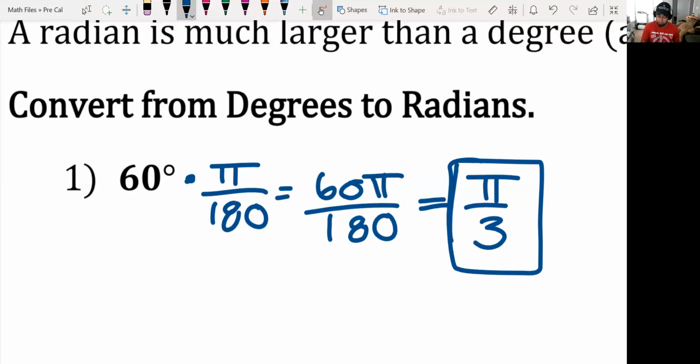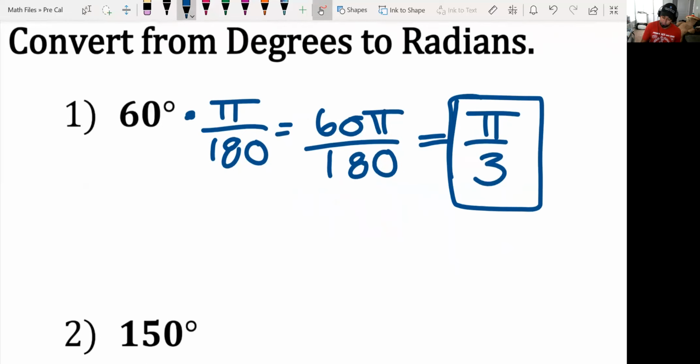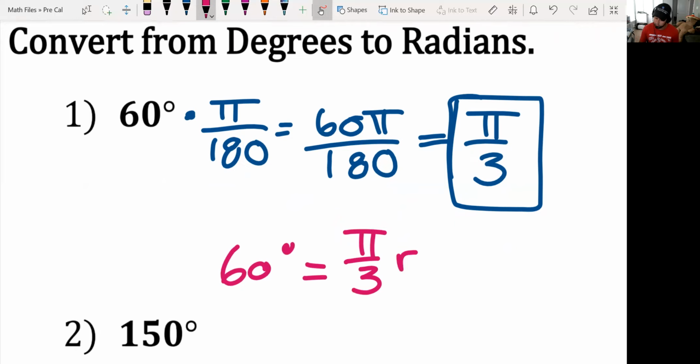So what we can say from this statement is that 60 degrees is the same as pi over 3 radians. And this is going to be helpful when we start building a unit circle. So you know how to switch back and forth between degrees and radians, and knowing how to switch back and forth can actually make some problems a lot easier to deal with.